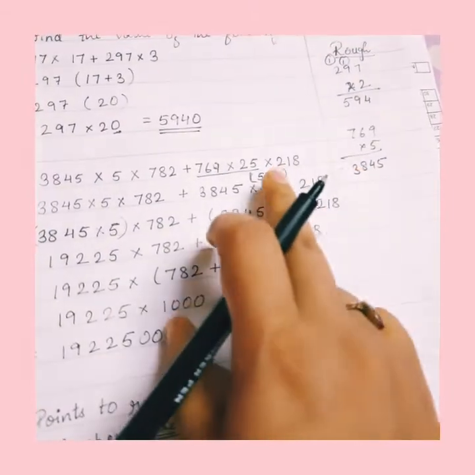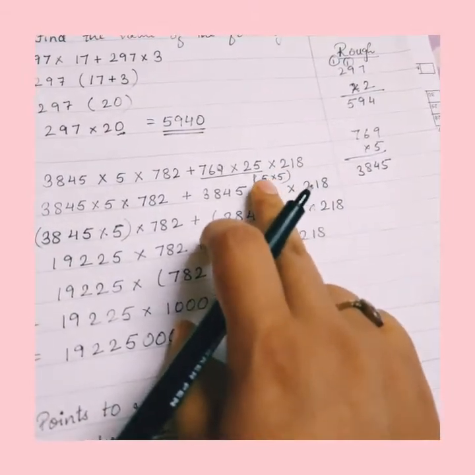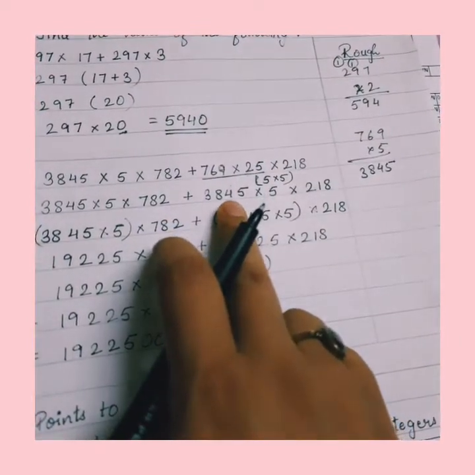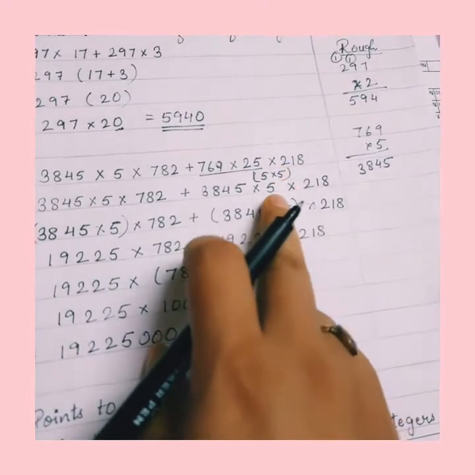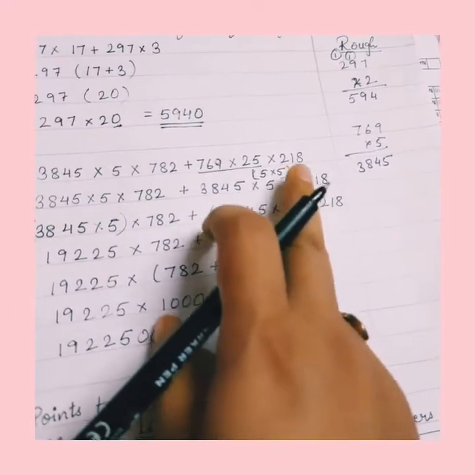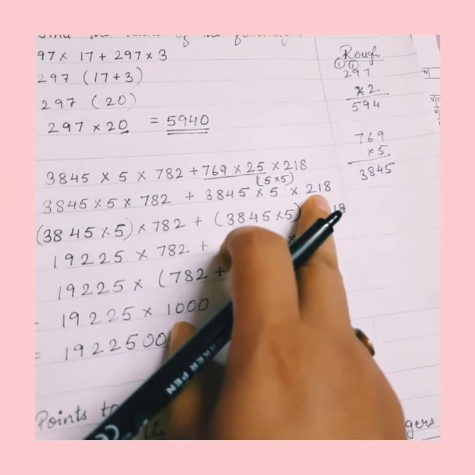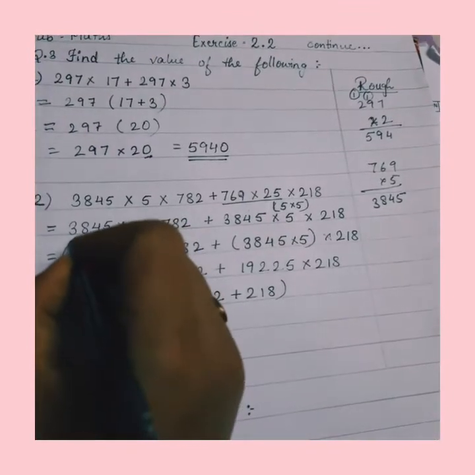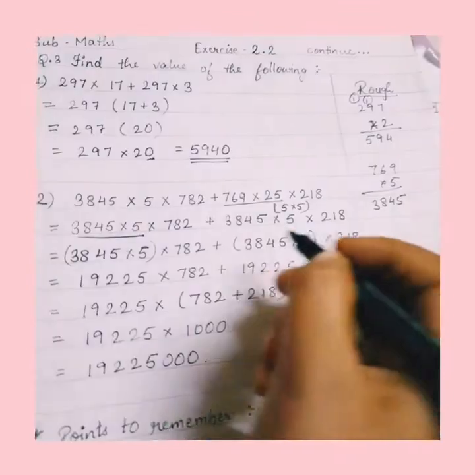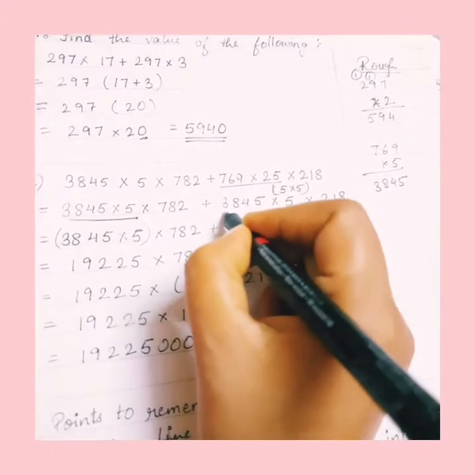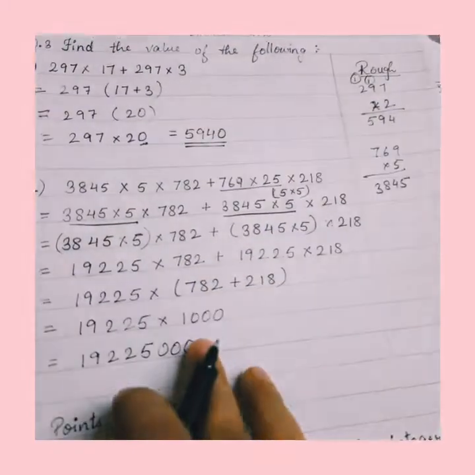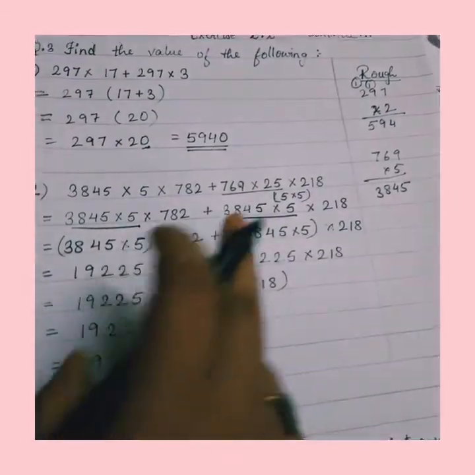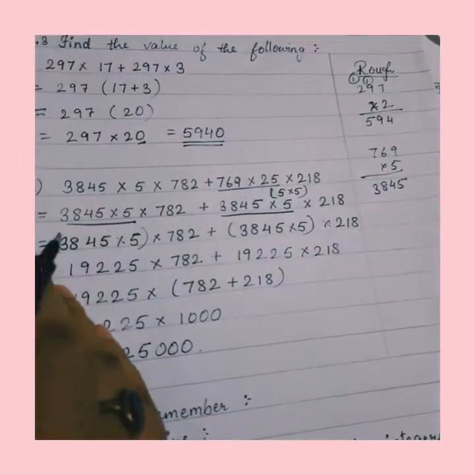So what I have done, from 25 I took one 5 and multiplied with the 769 and I am getting here 3845, and multiplied with the other 5, and then copying the same, that is multiplied with 218. Now you can see here, 3845 multiplied with 5 and 3845 multiplied with 5. Two pairs are coming common here, so we can now separate it out.